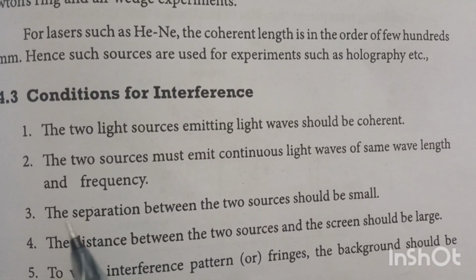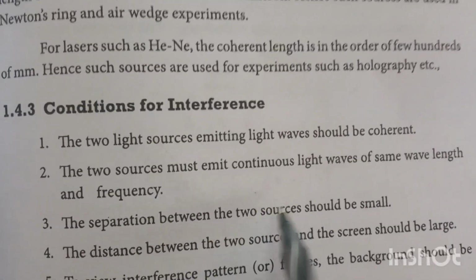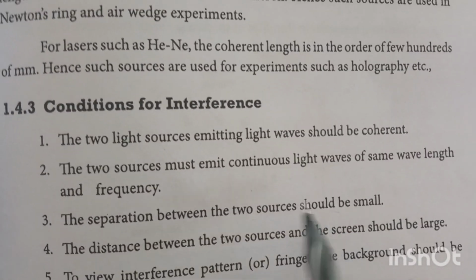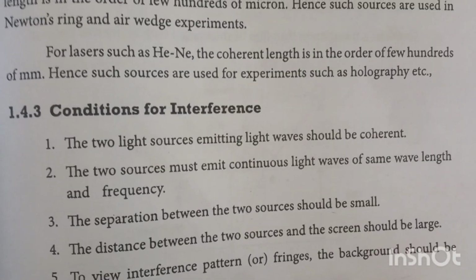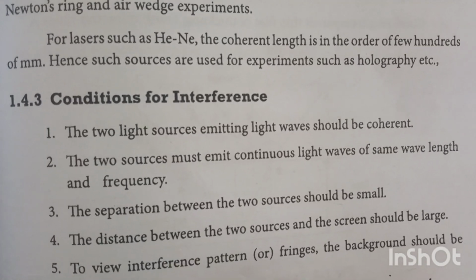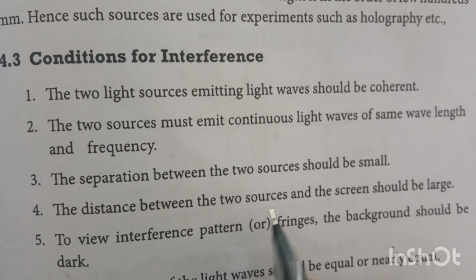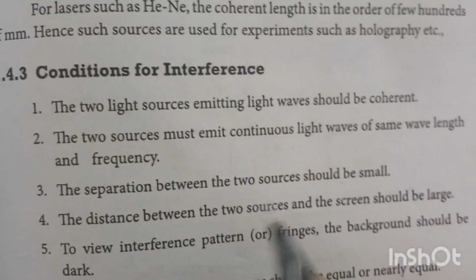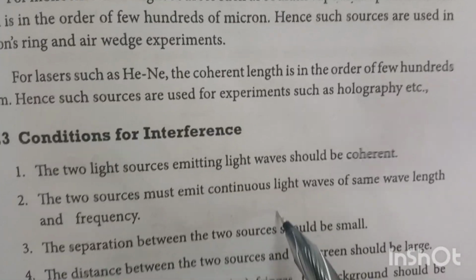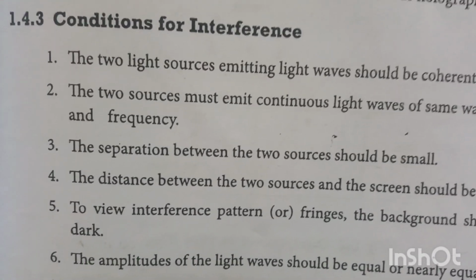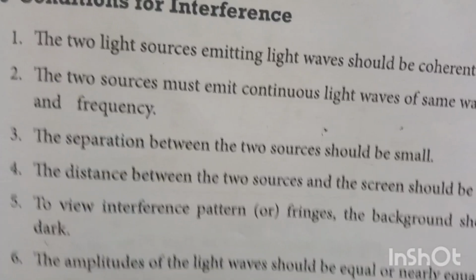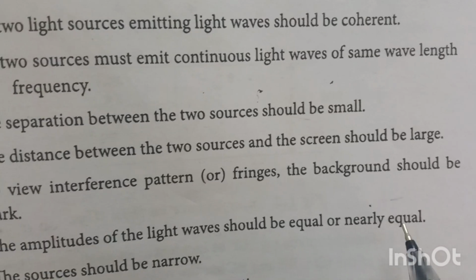Here the separation between the two sources should be small. At the same time the distance between the two sources and the screen should be large. So if the source is here and the screen is here, the distance can be taken as large. And the amplitudes of the light waves should be equal or nearly equal.